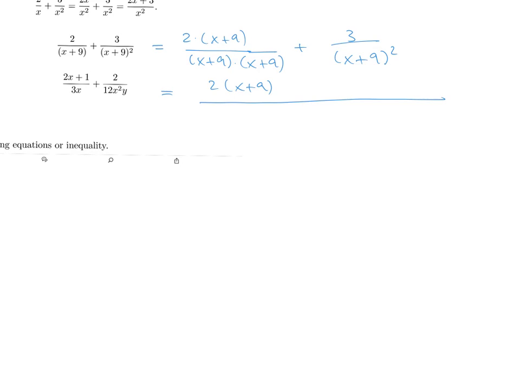common denominator. So this would then mean that we multiplied the numerator here by x plus 9, and we do the same thing here, x plus 9 times x plus 9, plus, and this here we don't have to do anything, this is x plus 9 to the power of 2, and then we have 2 times x plus 9 divided by, and now we have a common denominator.